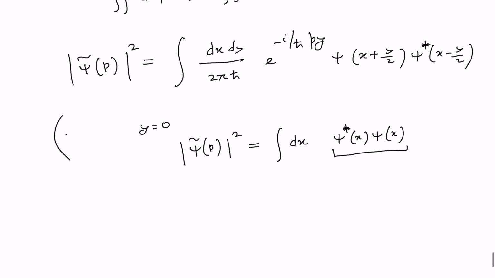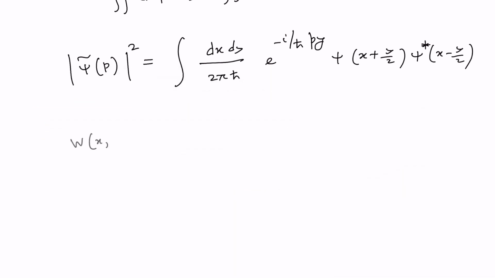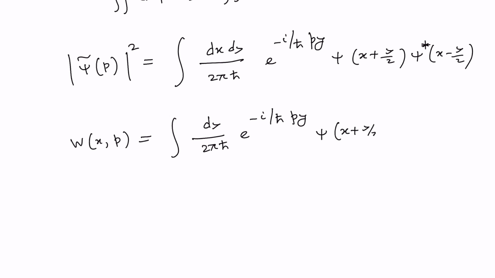So this gives us a clue that I can now define a function W(x,p) equal to ∫dy/(2πħ) e^(−(i/ħ)py) ψ(x + y/2) ψ*(x − y/2).